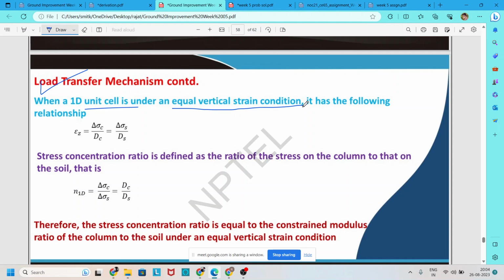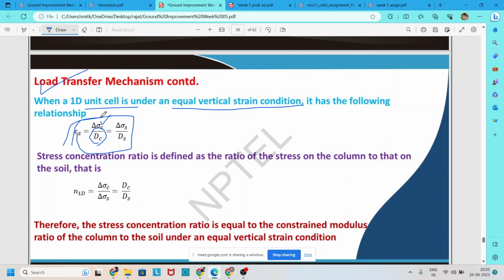For that, we find the formula that strain is sigma c by Dc equal to sigma s by Ds, where sigma c is the stress in the column and Dc is the constrained modulus of the column. Like this, sigma s is the stress in the surrounding soil and Ds is the constrained modulus of the surrounding soil.